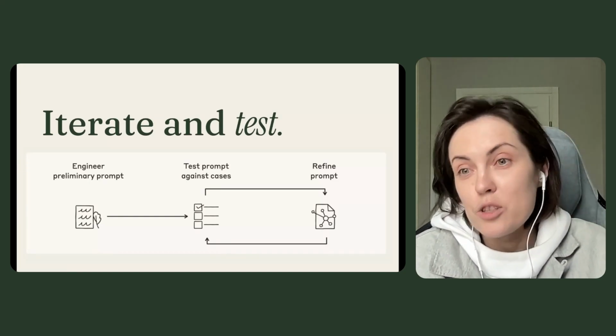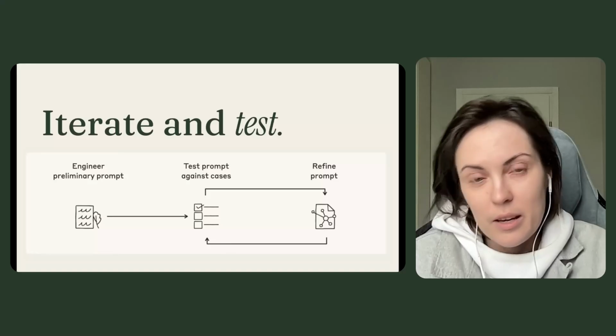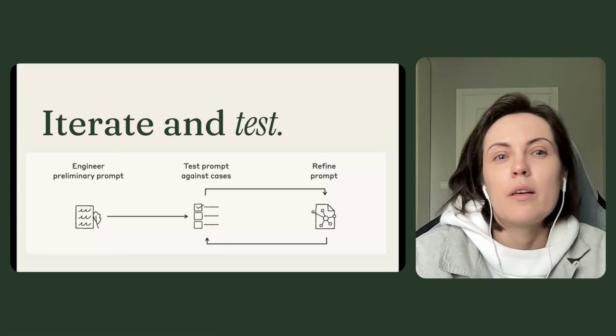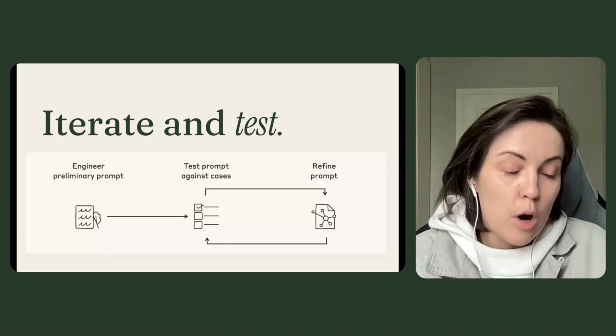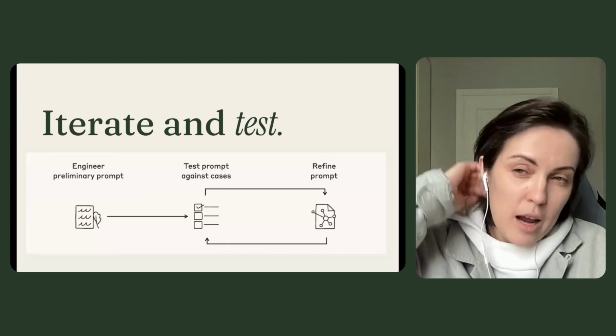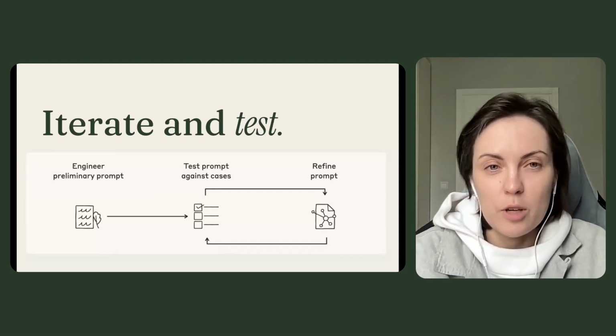And this is a screenshot from the presentation by Anthropic. So it means that first we can start with some kind of a prompt, maybe a draft prompt, try it, see what happens, and then add some context.